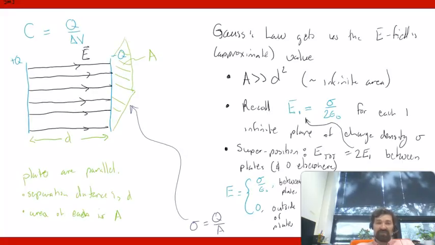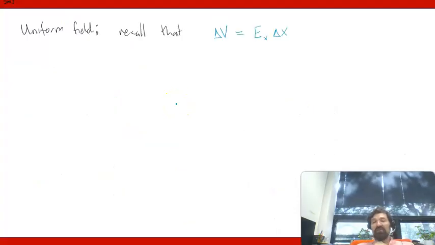The second thing that we might recall from a previous video is what happens if you have a uniform field, and of course this is basically a uniform field. In a uniform field, if you want to find the voltage drop between 2 points, measure the electric field in that region, measure the distance between the 2 points, and take the dot product between those two things.